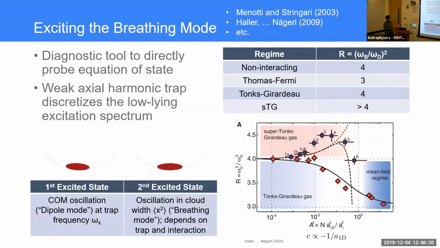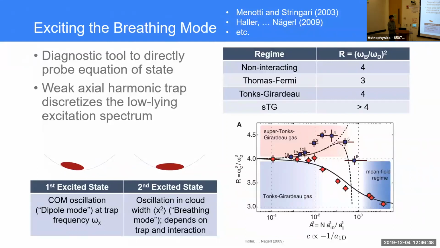If you look at the second excited state, this is the oscillation in the width of our cloud, which is also called a breathing mode for obvious reasons. The frequency of which would depend on both the trap geometry as well as interaction. An intuition for this is that the interaction would effectively change the stiffness of your gas in 1D, and so it would respond differently as you squeeze it a little bit.